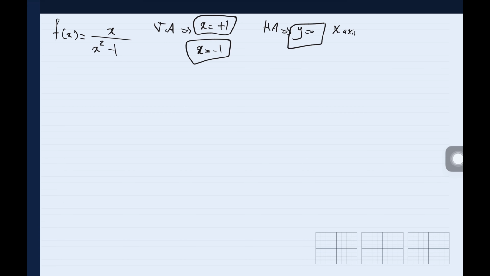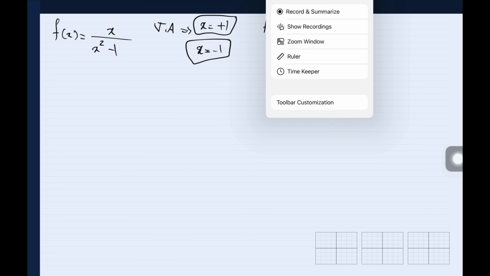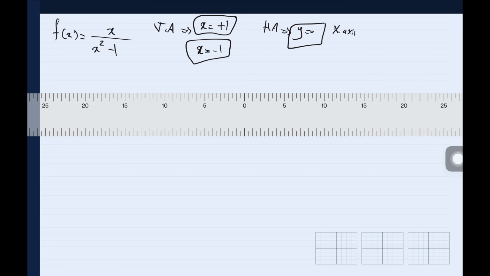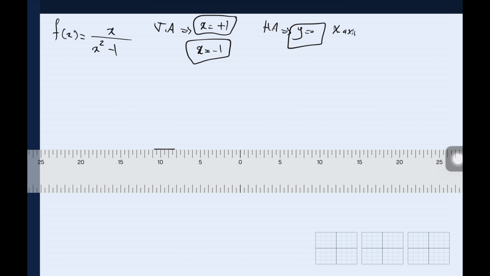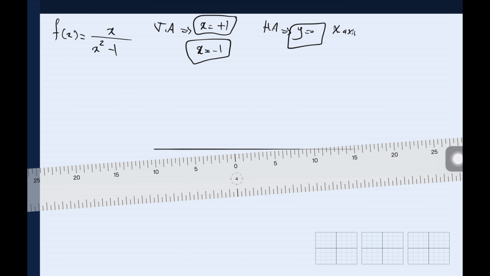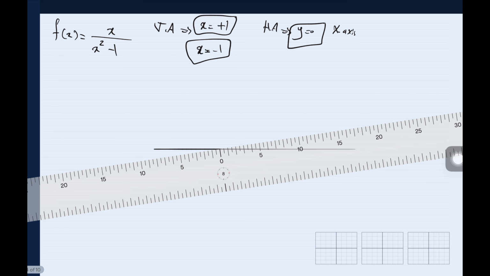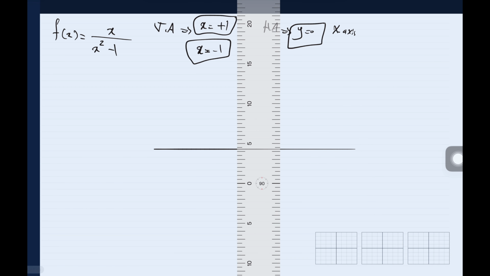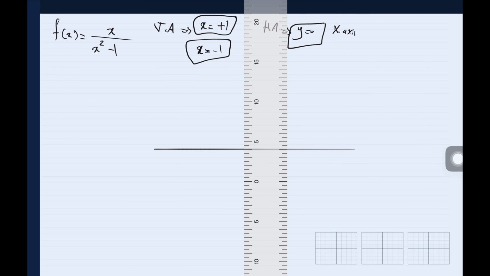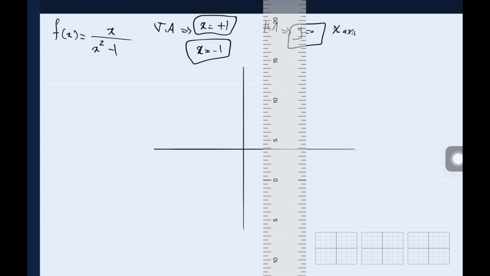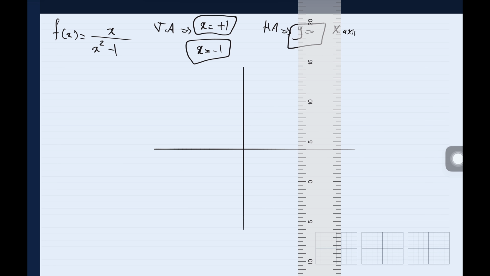Okay, so if I want to graph this function just for now, we said there is positive 1 and then negative 1.